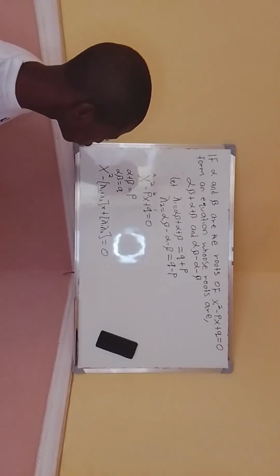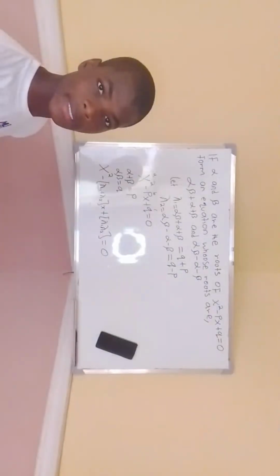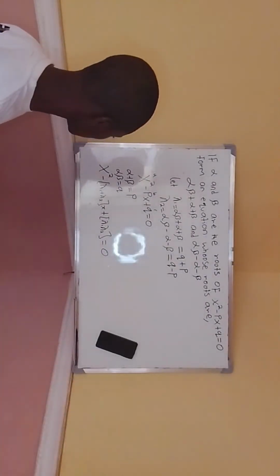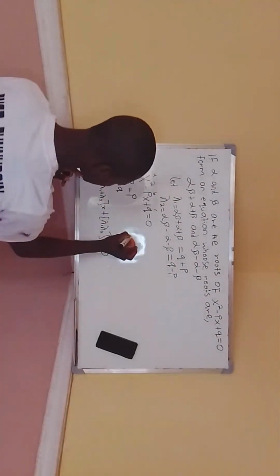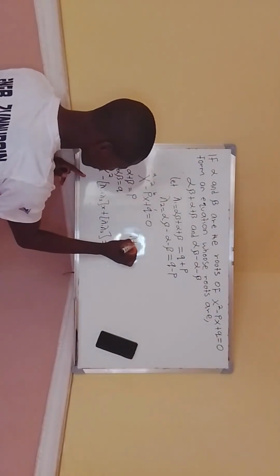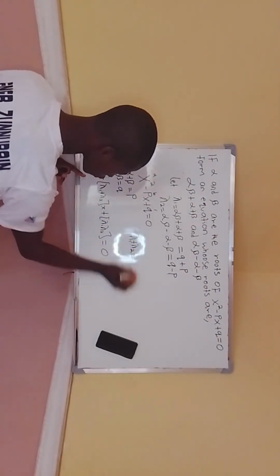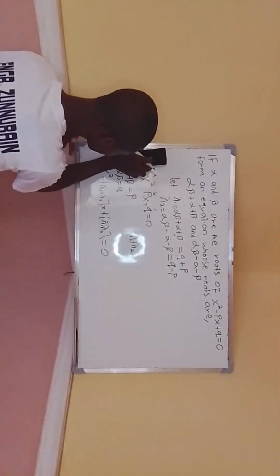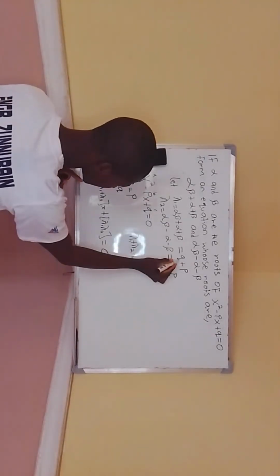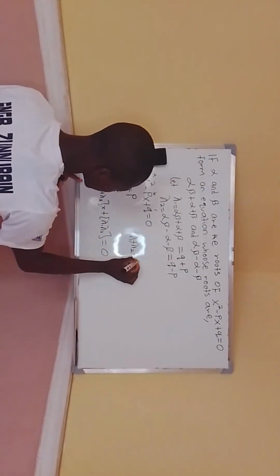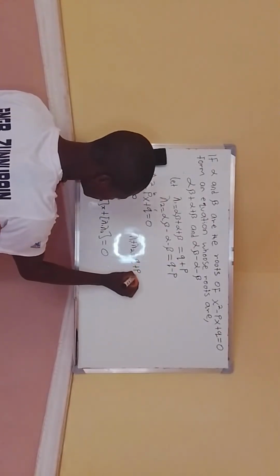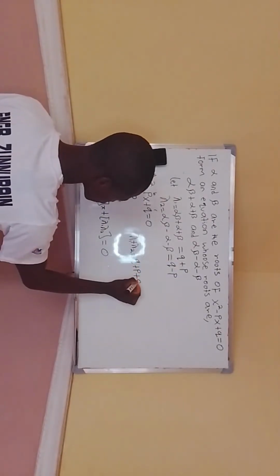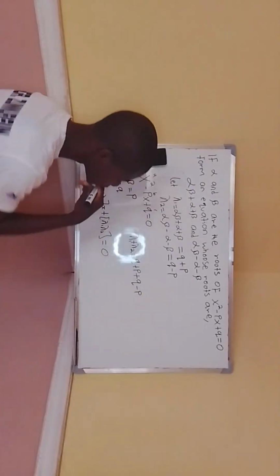So what is the next thing to do? I hope you are getting it. Lambda 1 plus lambda 2 equals q plus p plus q minus p.